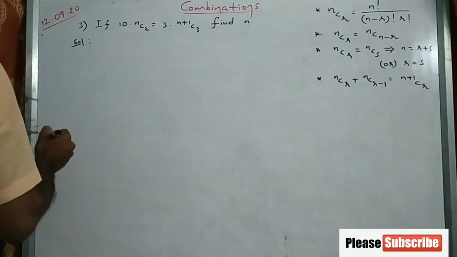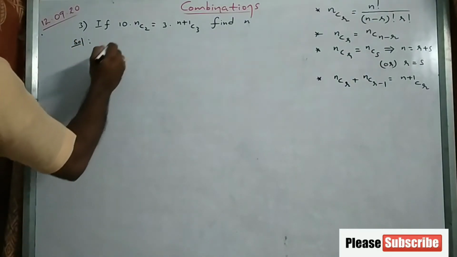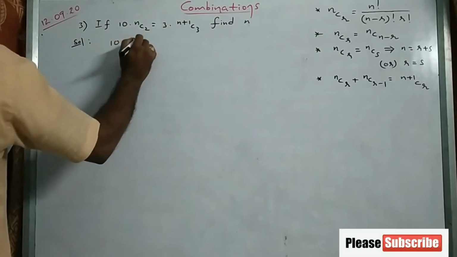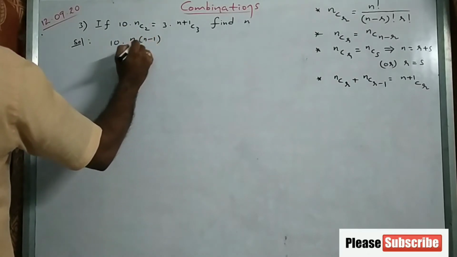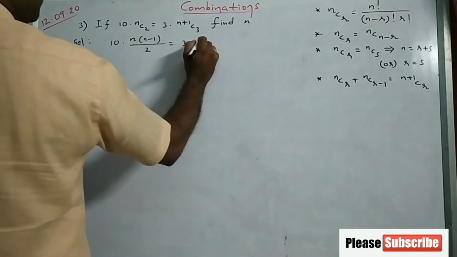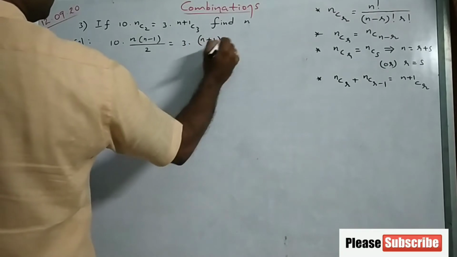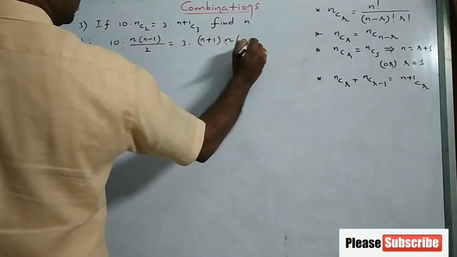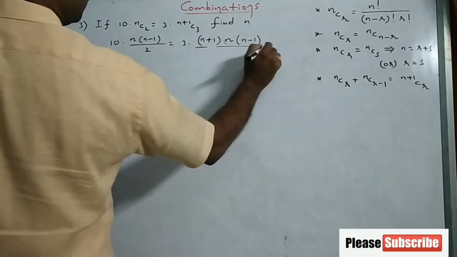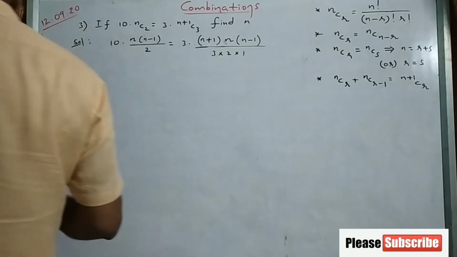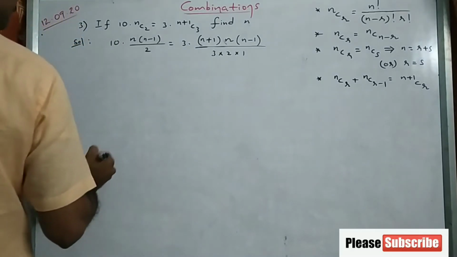So how do we write this? 10 into, what is nC2? n(n minus 1) by 2 is equal to 3 into, what is (n plus 1)C3? (n plus 1) into n into (n minus 1) upon 3, 2, 1.